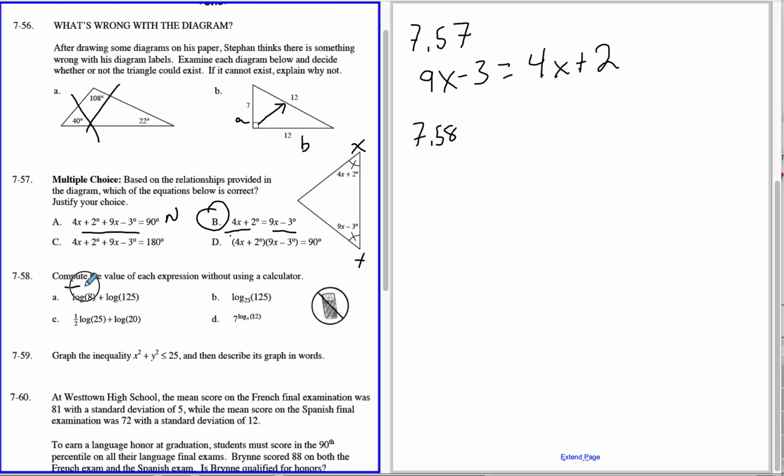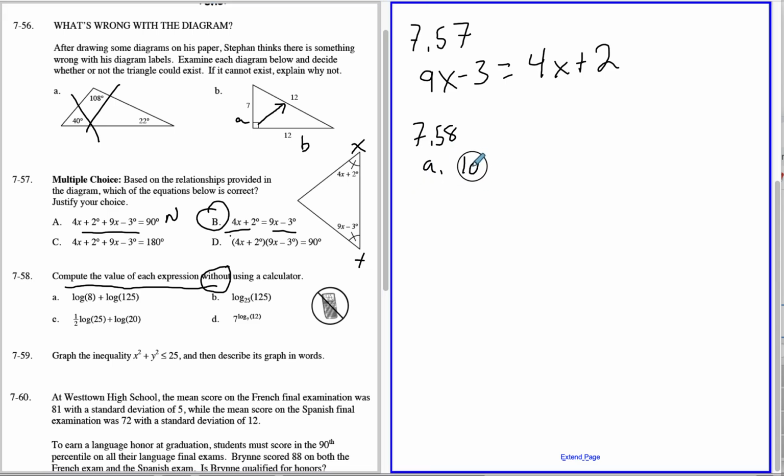Compute the value of each expression without using a calculator. Okay, for A, we have the log of 8 plus the log of 125.